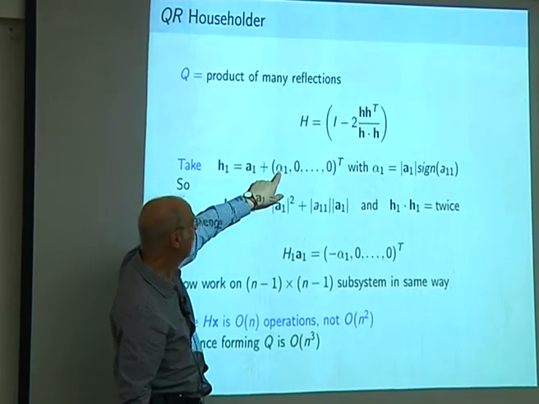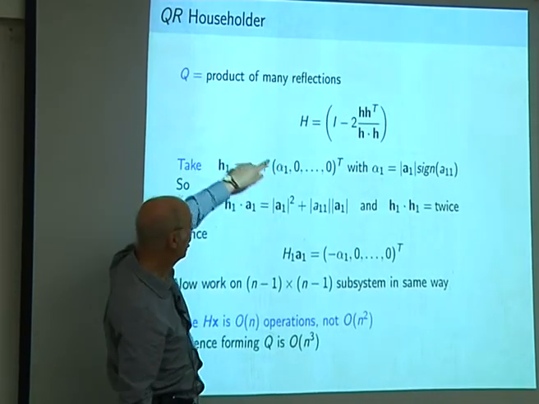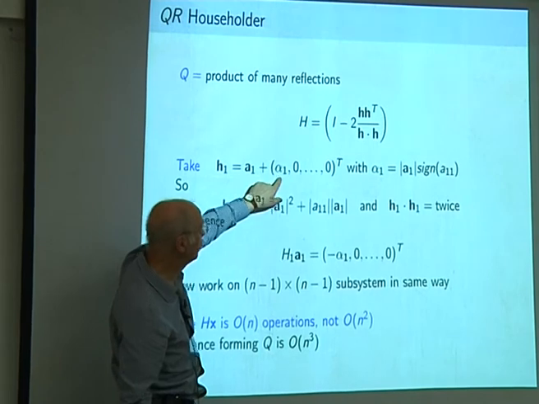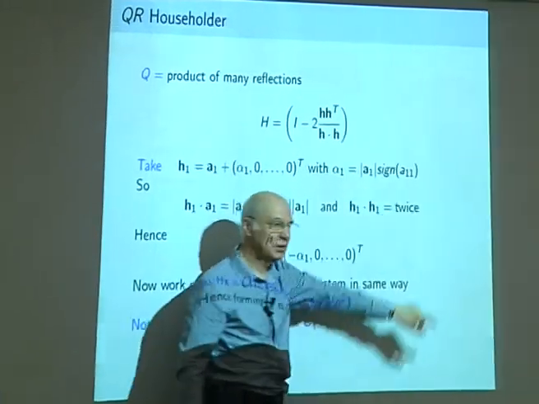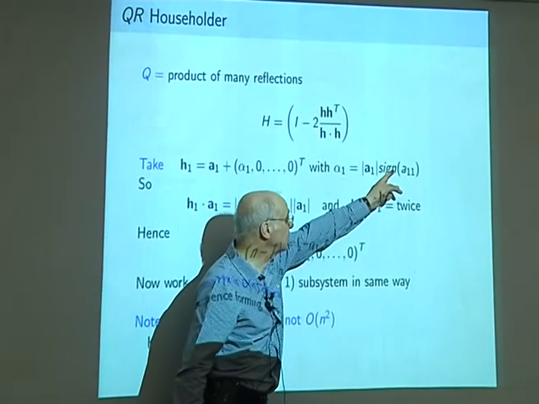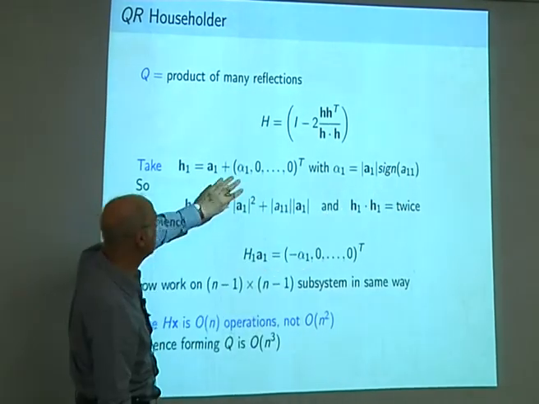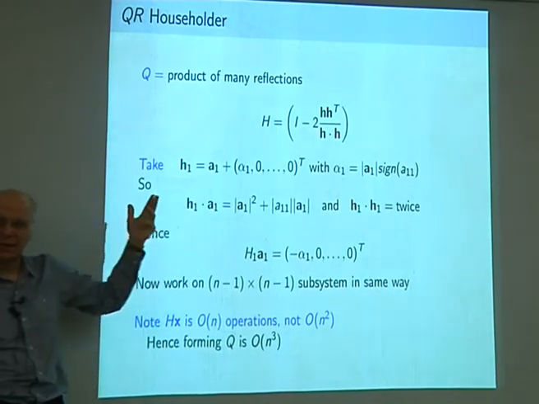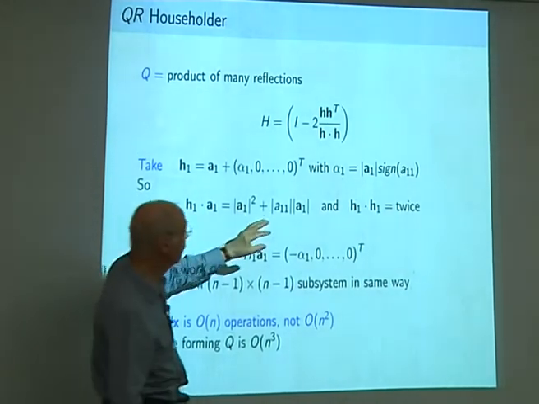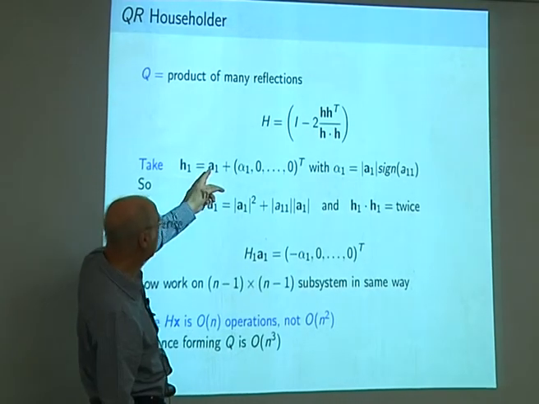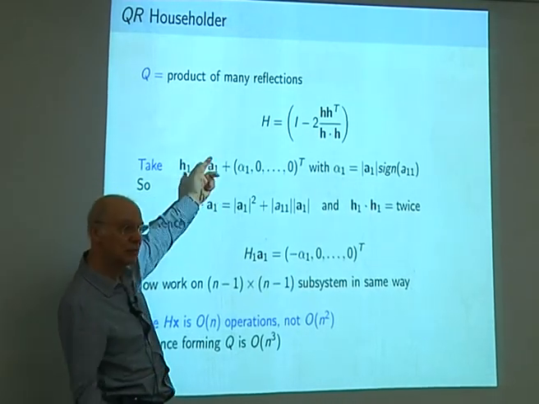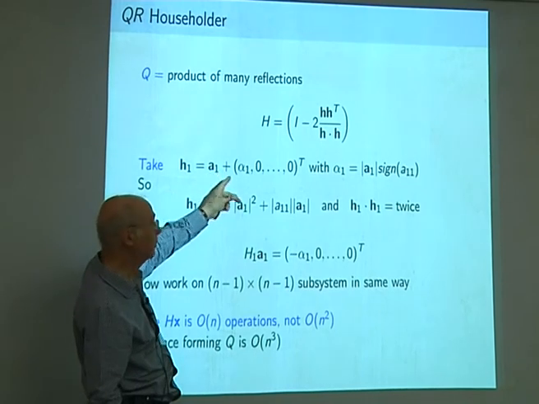You add to the top row of column 1 a coefficient which is the length of the vector times the sign of A1. If you take the sign of A1, then this increases it. There's a slight danger that if you just casually add the length of the vector and this was negative, then you end up with 0.